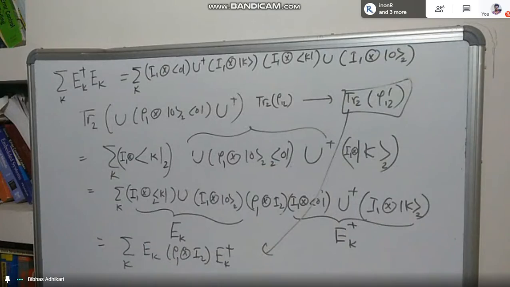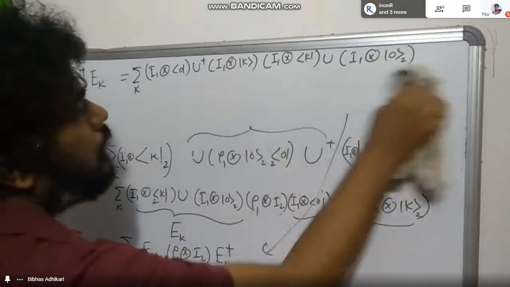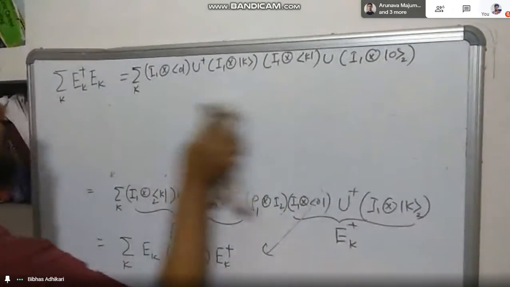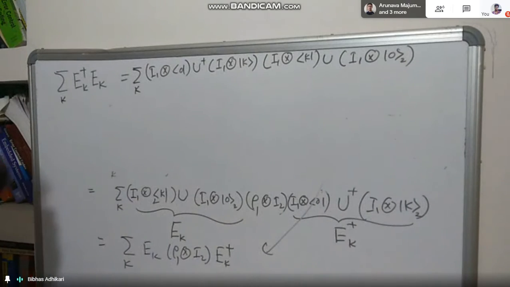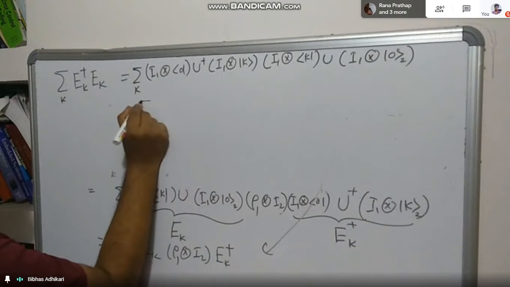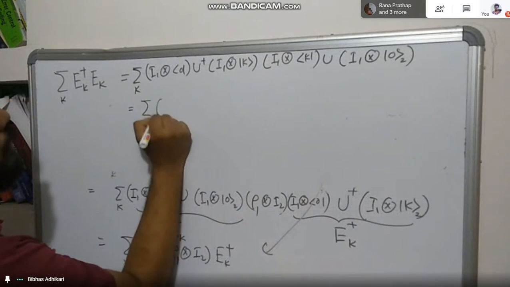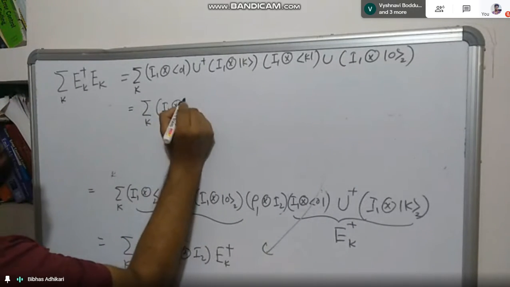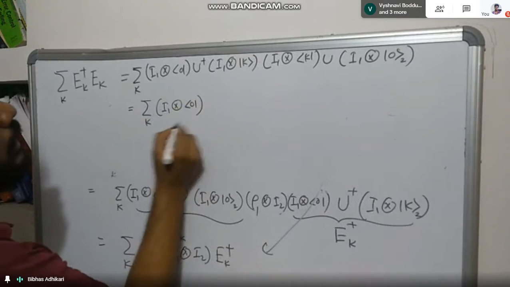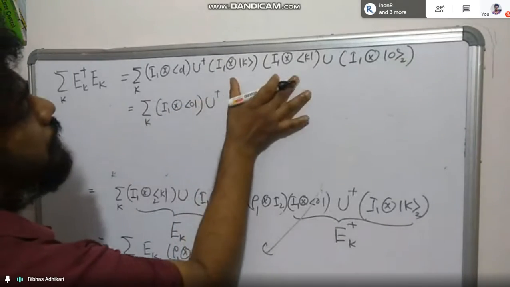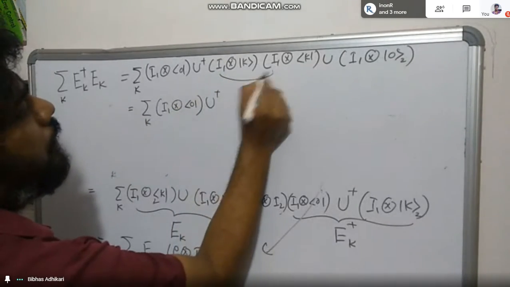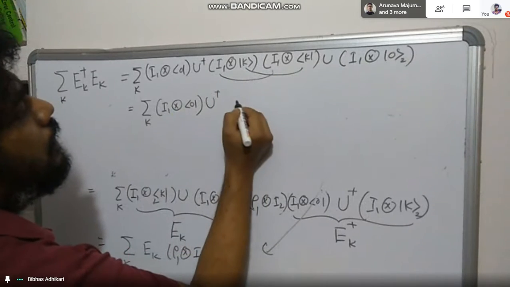Okay. Then if I have this one, what is this? This is a sum over k. Let me first multiply these two. So this is I1 dagger tensor 0 U dagger, and if I multiply, this component gets multiplied with this one and this with this one.